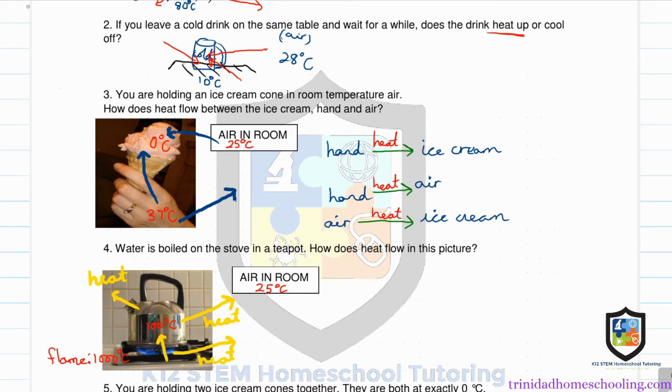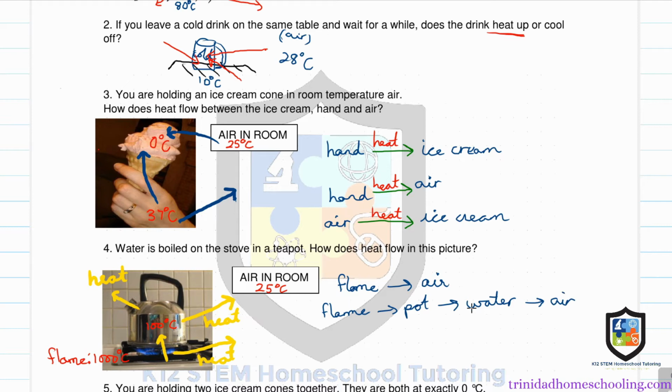Now let's write down the scenarios that are happening here. We have heat flowing from the flame to the air, from the flame to the pot, then the pot to the water, and then to the air.